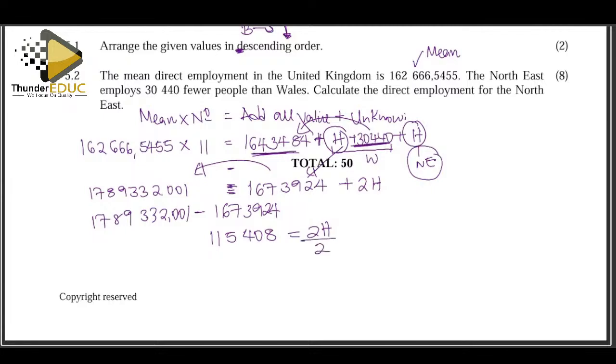So divide through by 2. So our H became 5,000. So that means if H is this much, what will be the value of Wales? Because they're saying fewer than Wales.